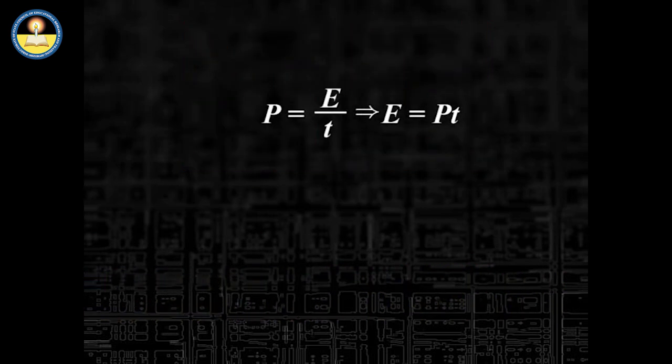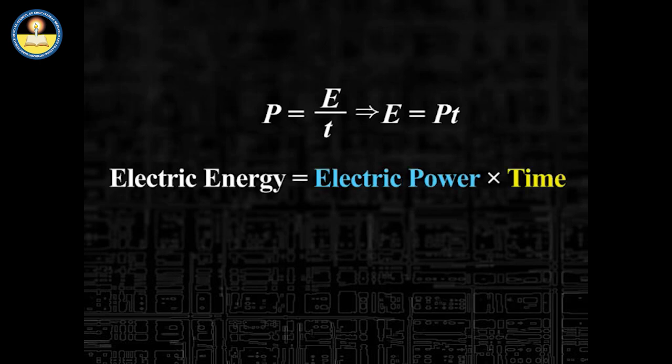This can also be measured as the product of electric power and the time. By using the formulae used to measure electric power, the formulae to measure electric energy can be obtained as shown. In general, the SI unit of electric energy is joule, but in terms of watt, it is watt-second. 1 joule can be defined as 1 watt into 1 second.